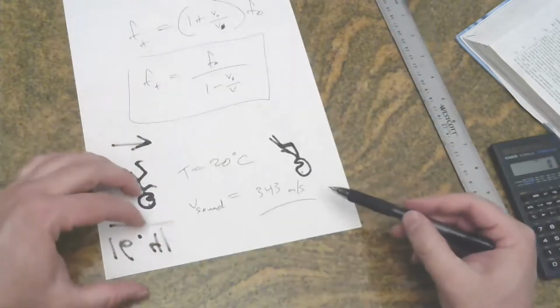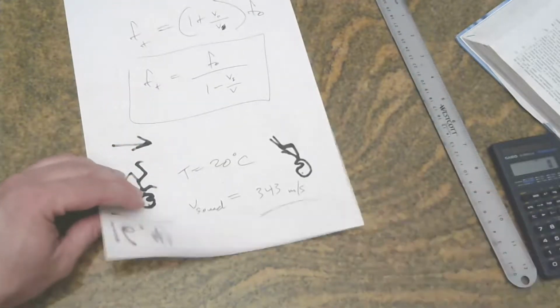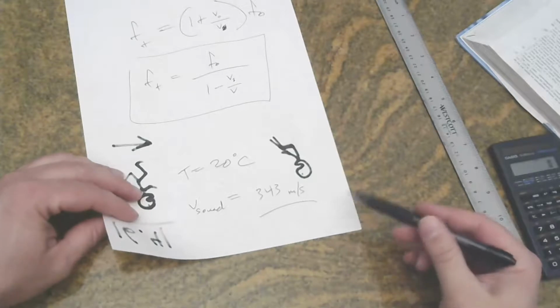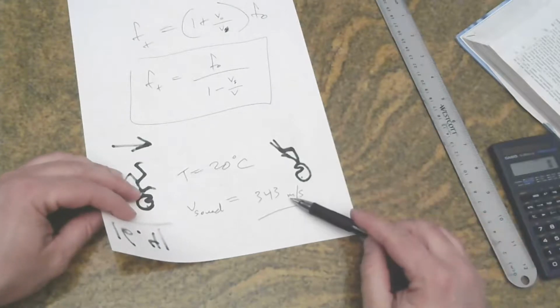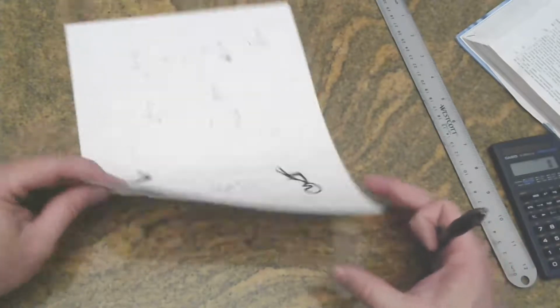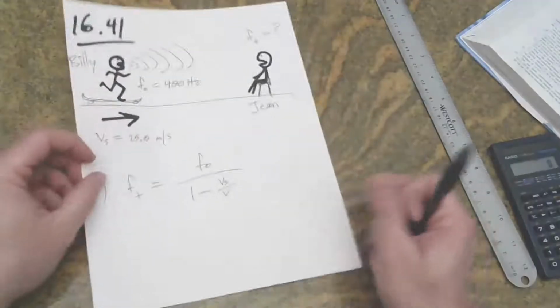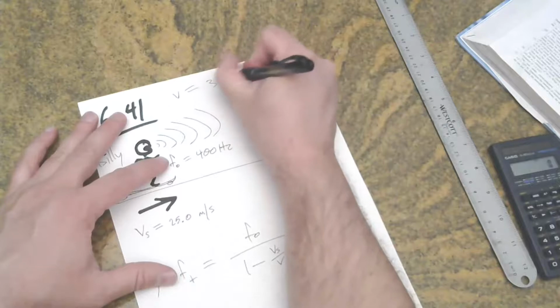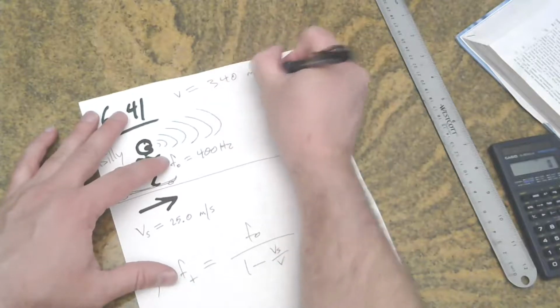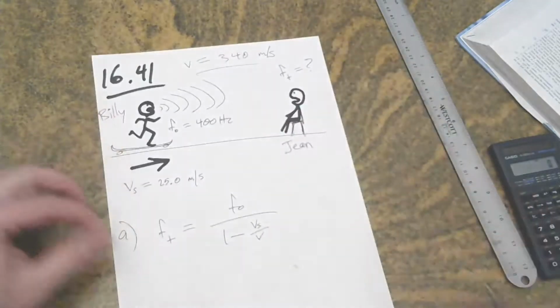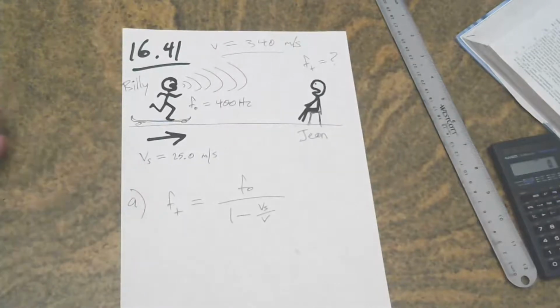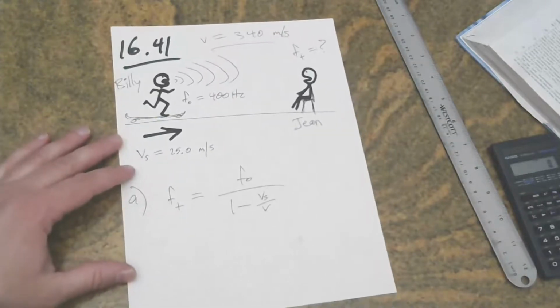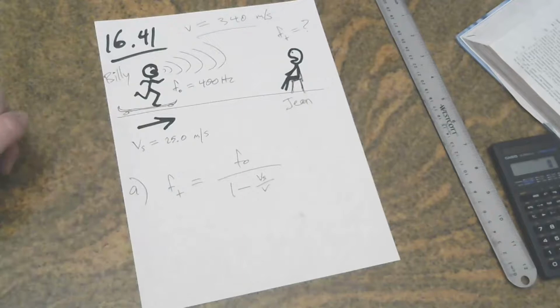And there is a formula in your book, which I didn't take time to look at, that describes how the speed of sound depends on temperature. We'll probably look at that later in the semester. They just straight up tell us in this problem that the speed of the sound waves is 340. So we don't have to mess with determining that speed based on the temperature. Because like I said, there is a formula in the chapter for calculating sound speed in terms of temperature.